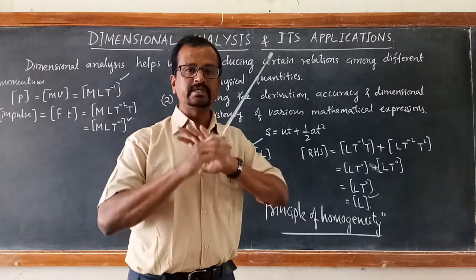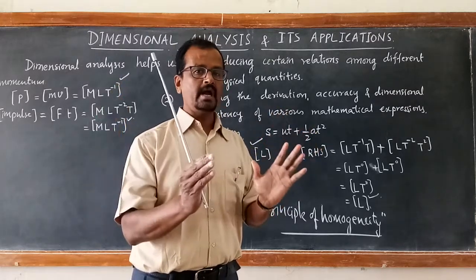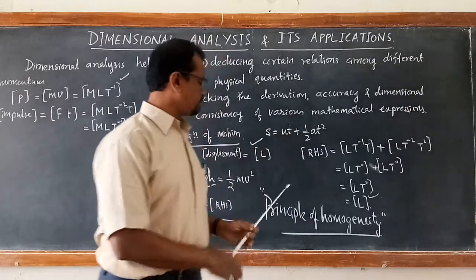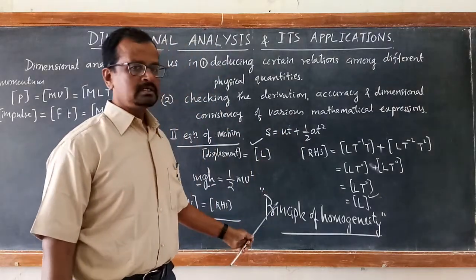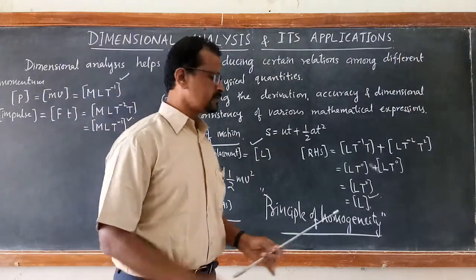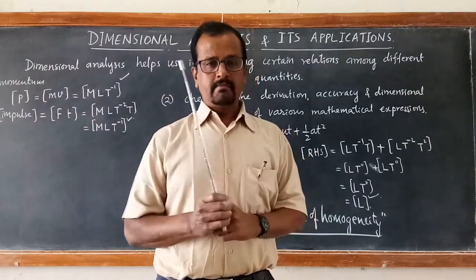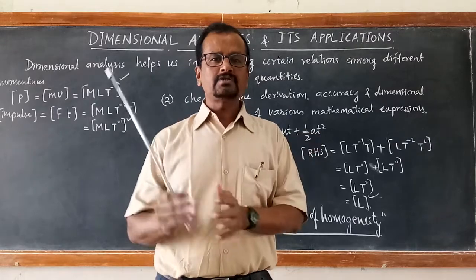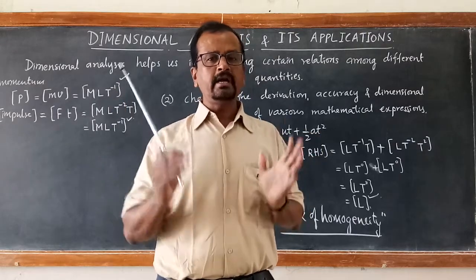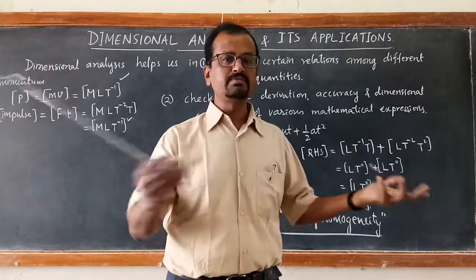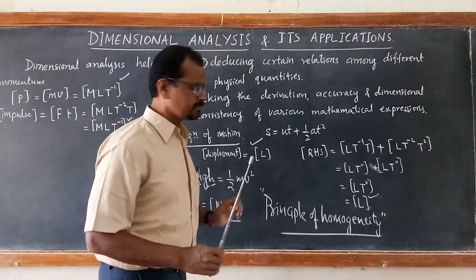Physical quantities with different dimensions cannot be added or subtracted. This is a very important, significant principle of homogeneity. That tells us we cannot add height with mass, we cannot add mass with temperature, we cannot add temperature with current. That is meaningless. So that is the meaning of the principle of homogeneity.